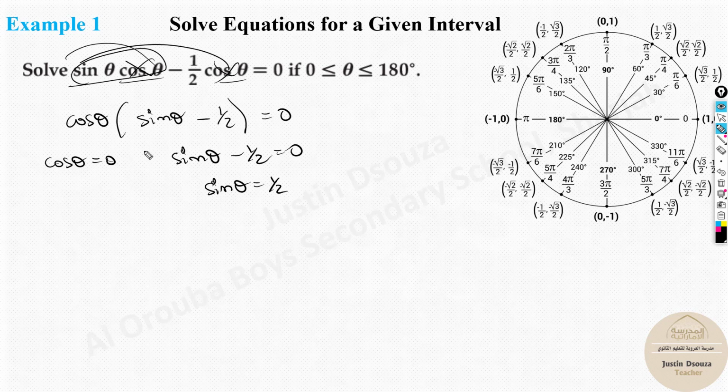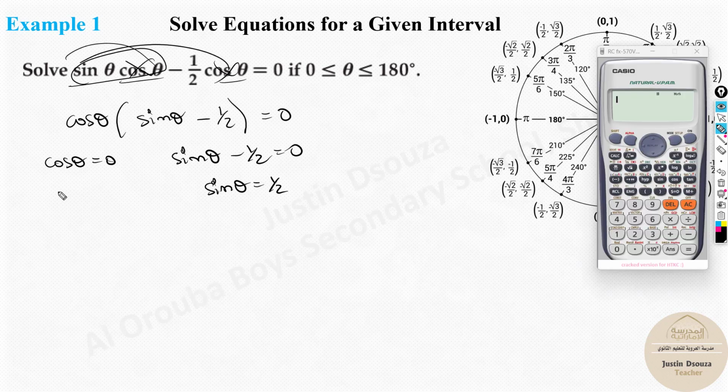Is this over? No, we need to find theta, right? Let me take the calculator out. Here we have cos theta is equal to 0, right? How do we find this? In the calculator, you need to take cos inverse on both sides. You can't divide by cos. You can take arc cosine, that is cos inverse of cos theta equals cos inverse of 0.